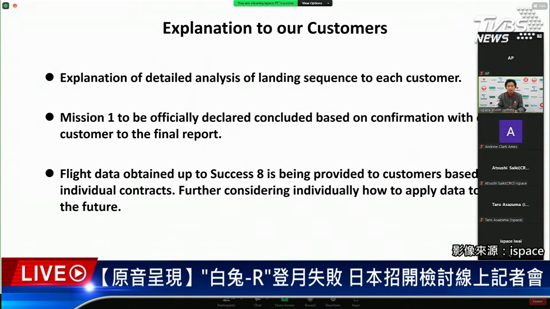We have obtained a lot of flight data, up to success 8 and almost success 9, and this data will be provided to the customers based on the individual contracts. Further, we have been discussing individually with customers how to utilize this data in future missions.